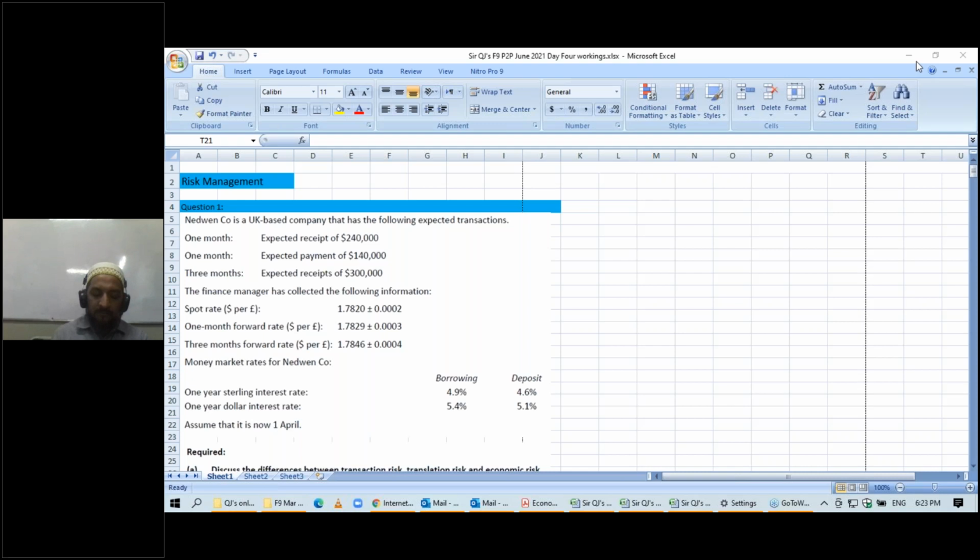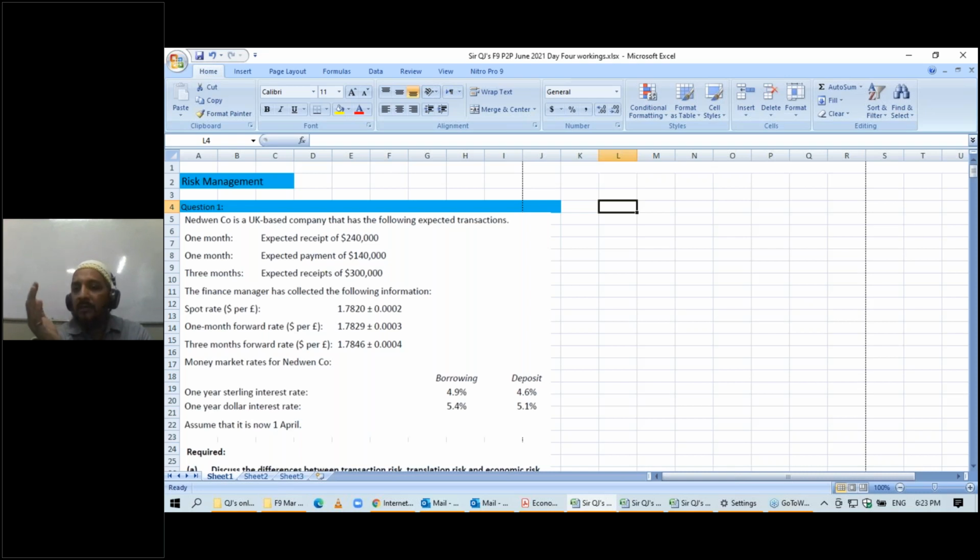Okay, now what is hedging? First, let me tell you what is hedging, because it is very important before we start this question that we know what hedging is. See, if the business expects that in future its cash flow can be low or high, like in case of a foreign currency receipt, right?